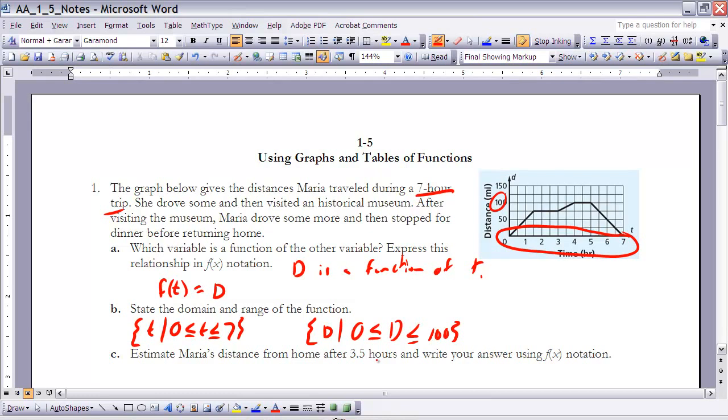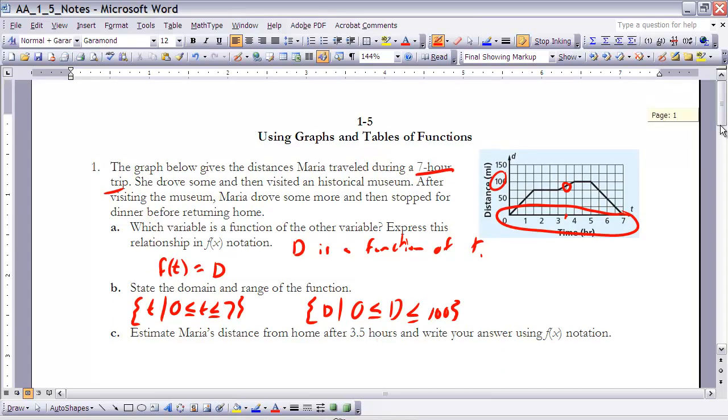Part C says estimate Maria's distance from home after 3.5 hours and write your answer using f of x notation. Okay? So 3.5 hours is right here on my t-axis. I'm going to look at the value of the function there. We have 50, we have 75, and we have 100. It looks like it's partway between 75 and 100, and we're estimating here.